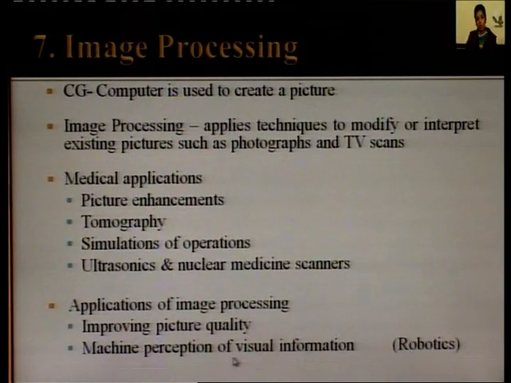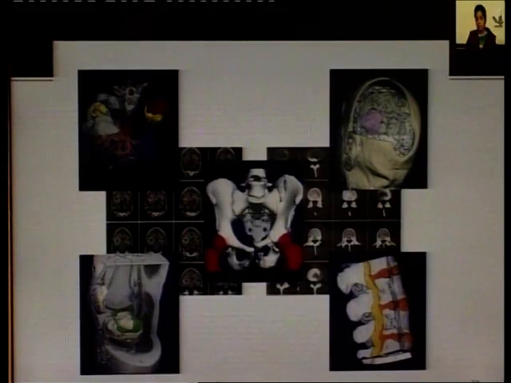Machine perception of visual information, like robotics: if you want to design any robot, firstly you create its wireframe model, create the model, then build the actual machine.